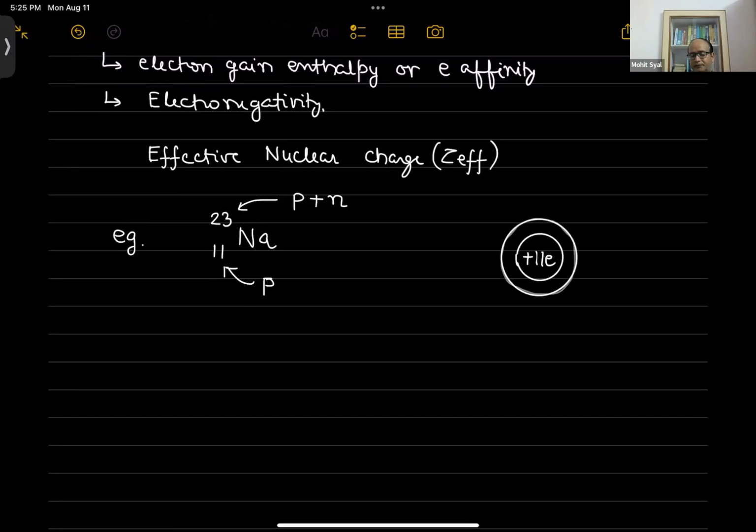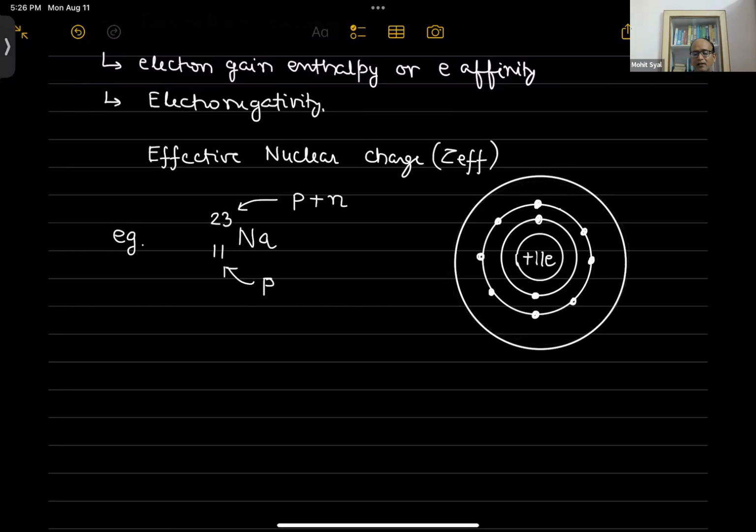The first shell will have 2 electrons, the second shell will have 8 electrons. In total we need to put 11. Till now we have put 10 electrons, and this is the outermost 11th electron.